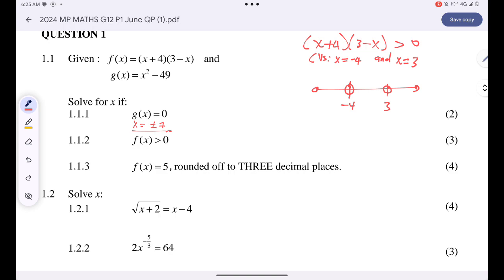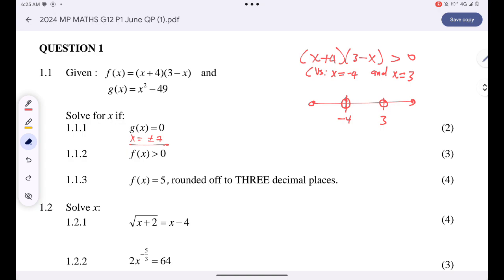Okay, and then now I need to know which signs I'm supposed to put here, plus or minus. If both of my x values have the same sign, if their coefficients have the same sign, I'm just going to put a plus there. If they have different signs, I'm just going to put a negative. The most important sign, guys, is the one that goes in here, because after jumping a critical value, that sign has to change. If I started with a negative, I'll end up having a positive and a negative again.